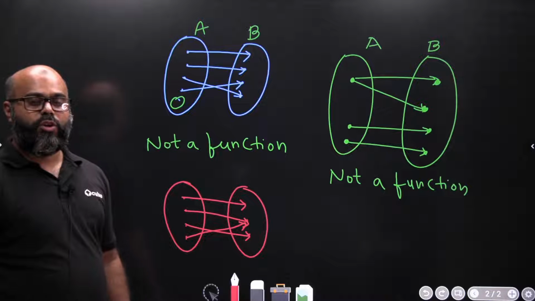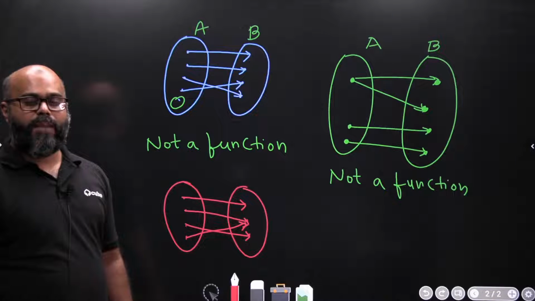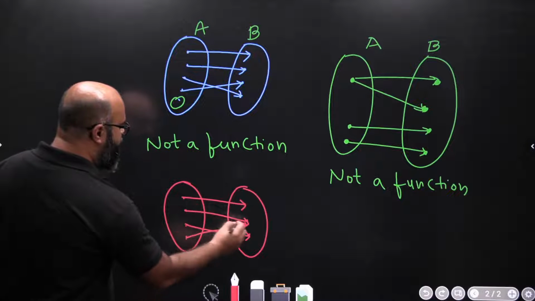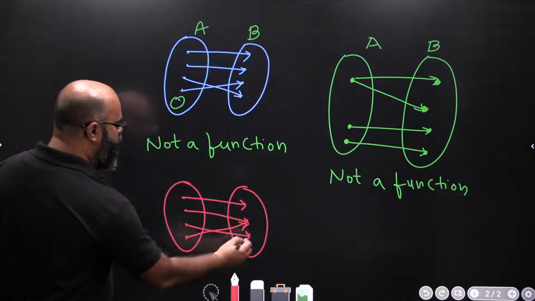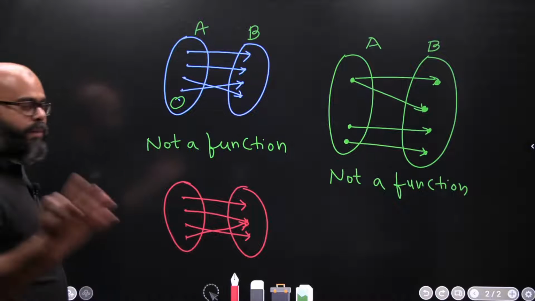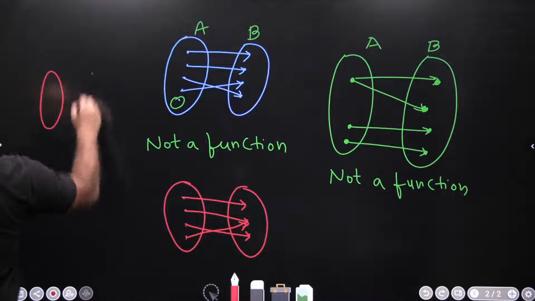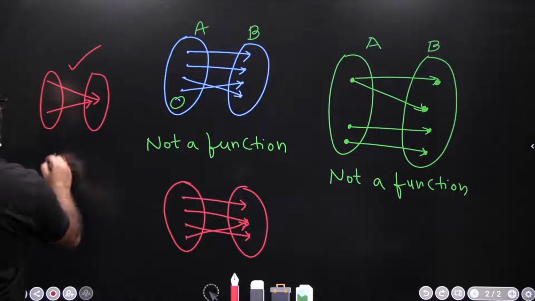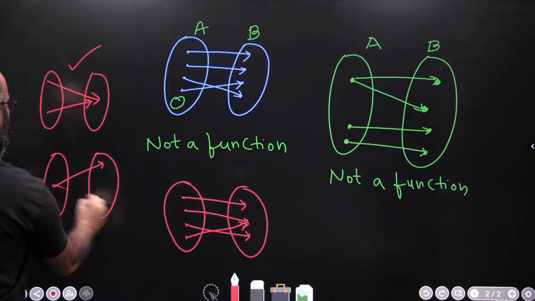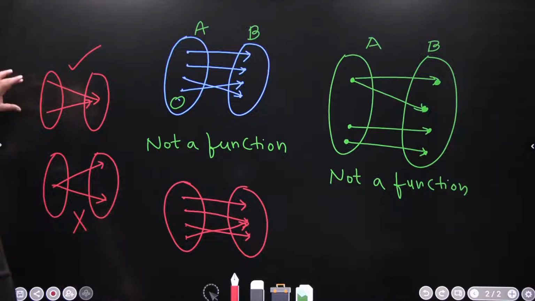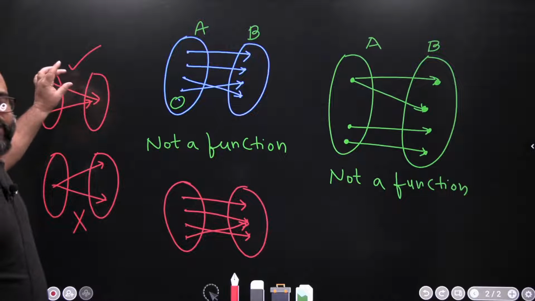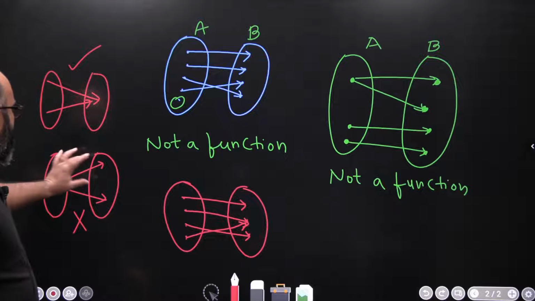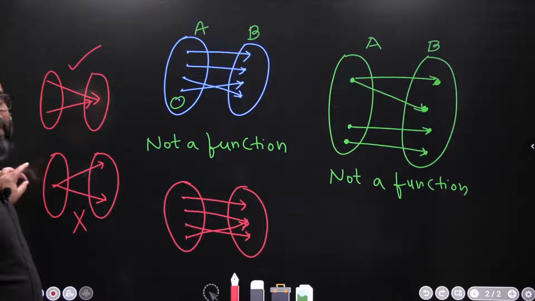Yes, it is a function, because each element in set A is mapped to a unique element in set B. What you have to remember is that arrows converging like this is fine, it is a function, but arrows going out like this from one element is not a function. Multiple elements can have the same image, there is no issue with that, but multiple images cannot come out of the same element.